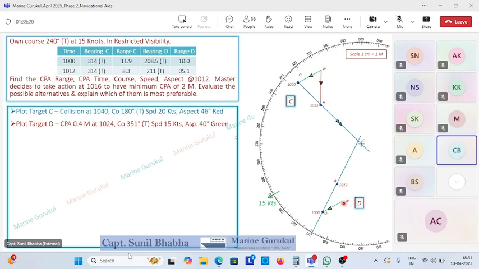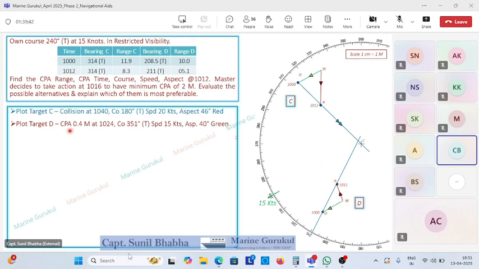Now, if we join W to A, Whiskey to Alpha, this vector Whiskey to Alpha gives us the course and distance of target Delta. So we can measure off the course and distance of the target Delta from the WA vector.